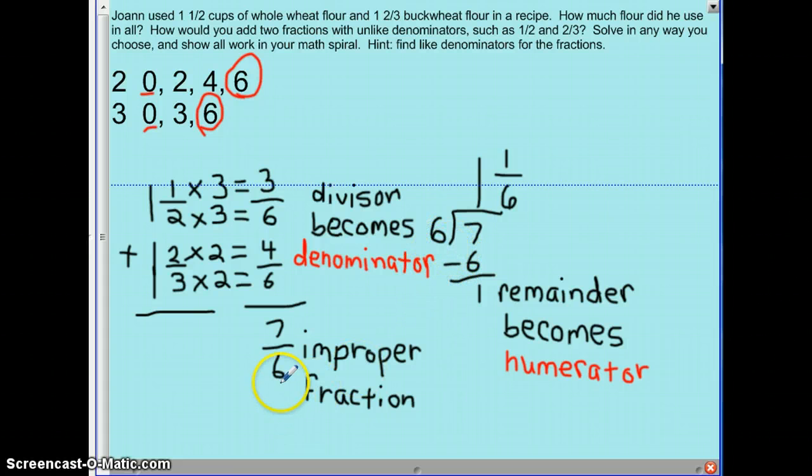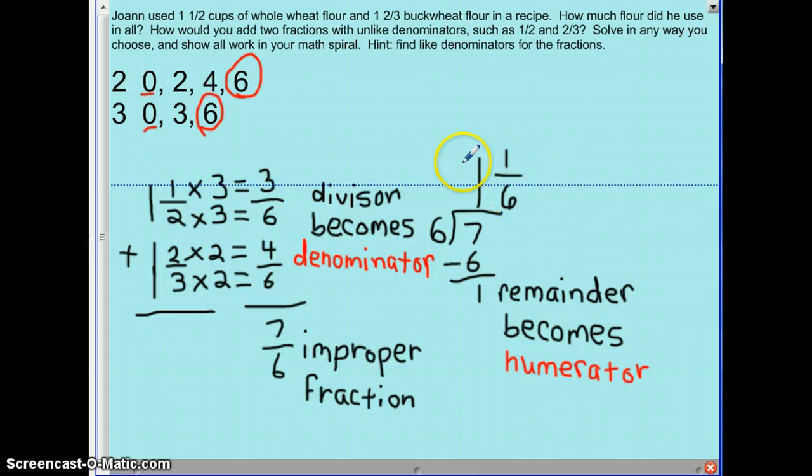I take my denominator, make it my divisor. I take my numerator, make it my dividend. Now, 6 goes into 7 one whole time, so I put my whole number there. 1 times 6 is 6. I subtract, I get 1 as a remainder. My remainder becomes my numerator, so it goes right here, and my divisor turns back into my denominator.